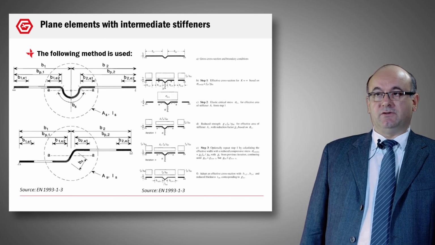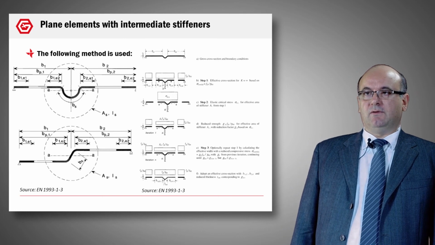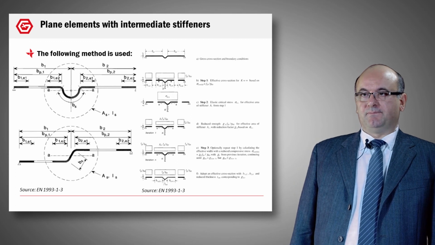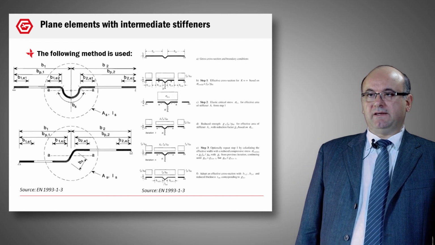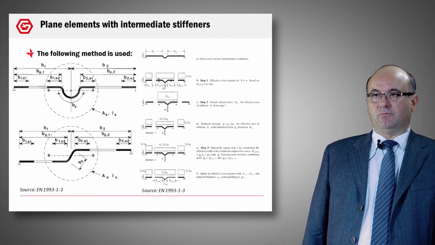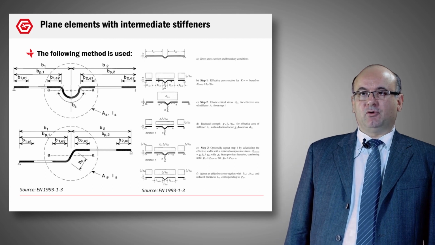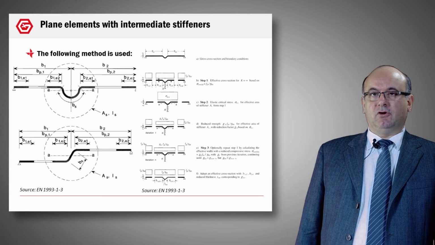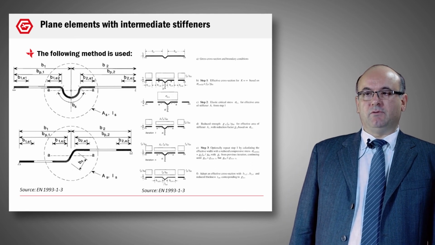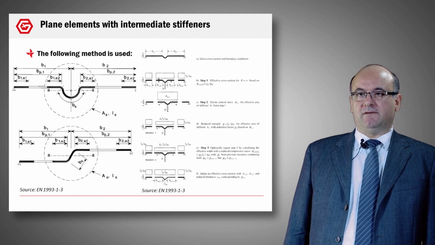To model this situation, we suppose that this stiffener is equivalent to a uniformly distributed spring, and the rigidity of this spring is K. In this case, in the center, we can have a beam on a continuous spring submitted to normal effort in compression. So we can study the buckling of this beam, find a critical stress, sigma critic, find a coefficient, and finally reduce the thickness of the sheet in the area of this stiffener. This procedure is given on the right.